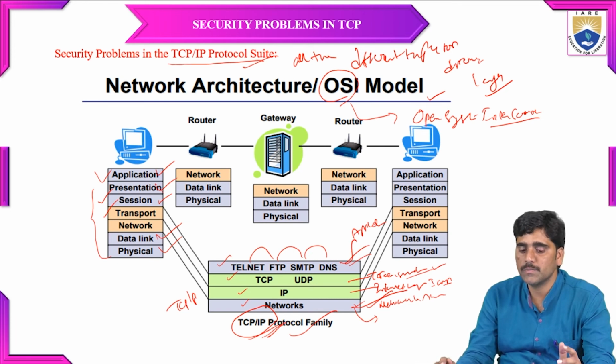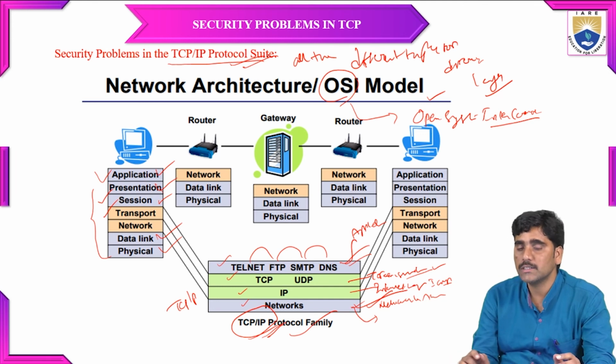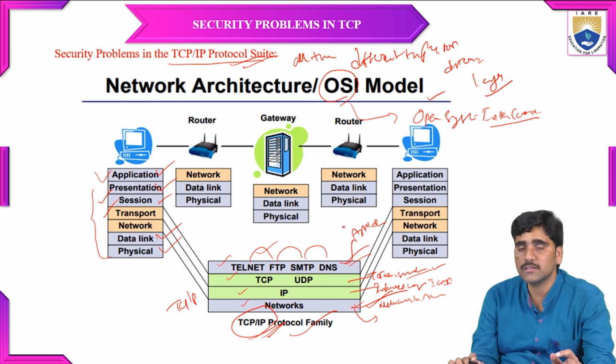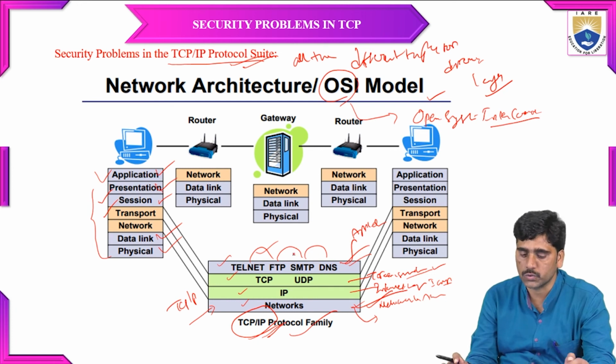What is meant by the TCP/IP protocol suite is that it contains all the different types of protocols that exist in each layer, so we can say that all these protocols are accumulated as a TCP/IP protocol suite.